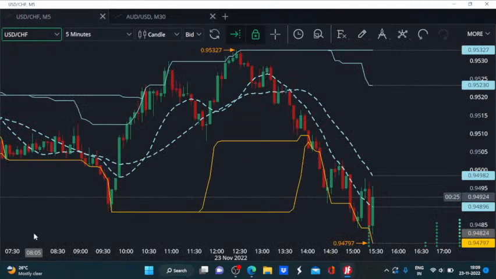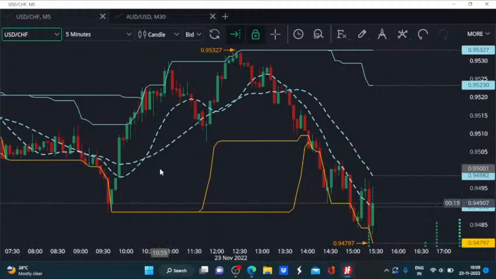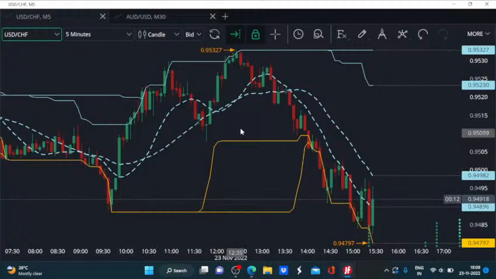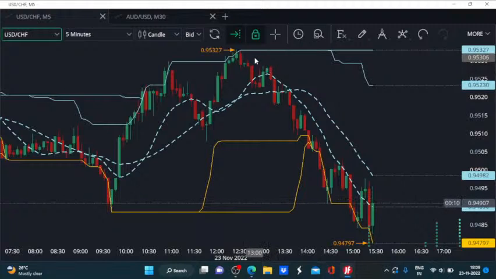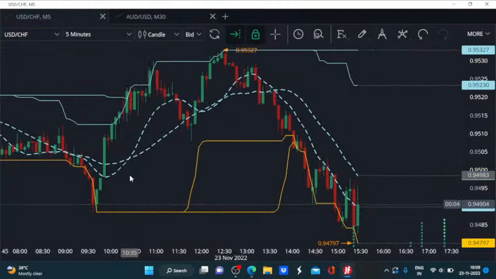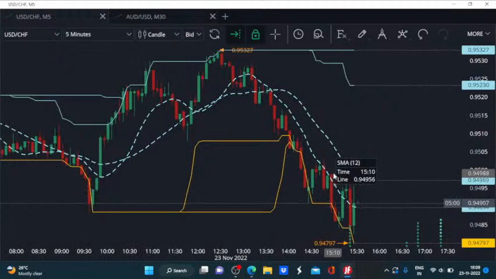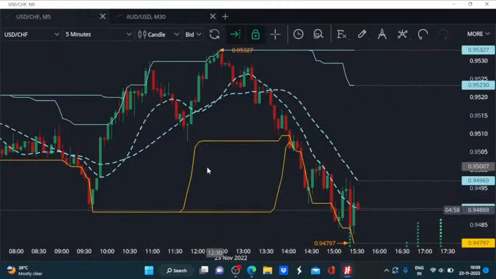For USD CHF, things are almost similar to the European and the Asia Pacific currencies. Here, the CHF has gained ground at the expense of the dollar. So we have this sharp move of 50 pips from the day's high to the day's low. And right now, this formation is pointing to the continuation of this bearish trajectory for the USD CHF.